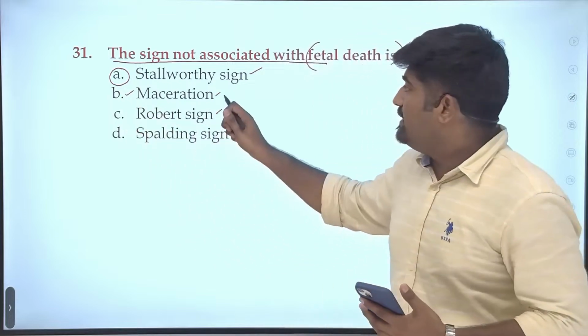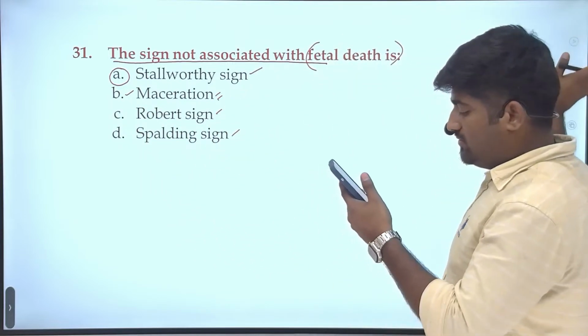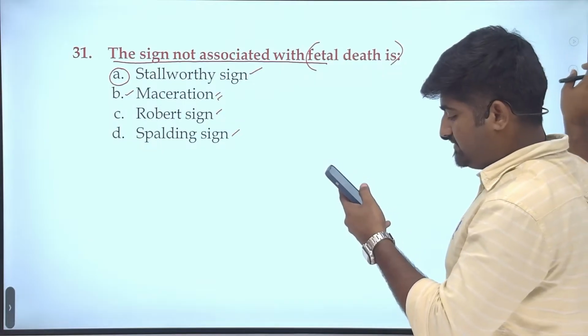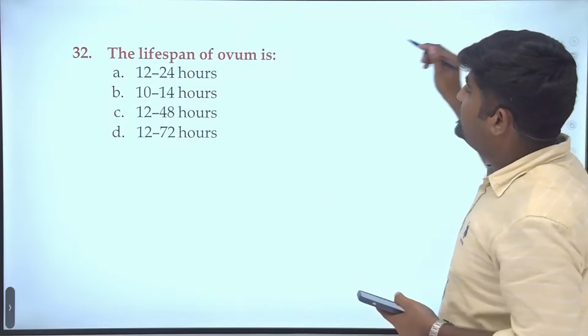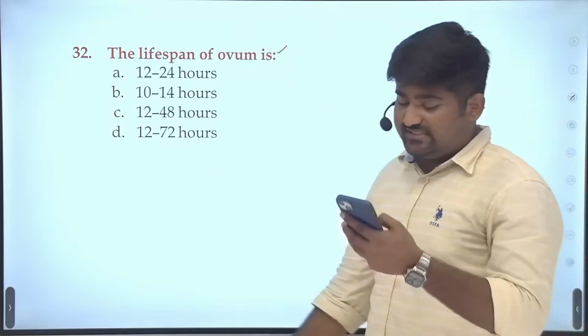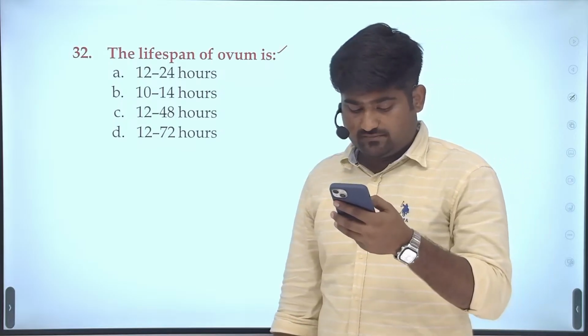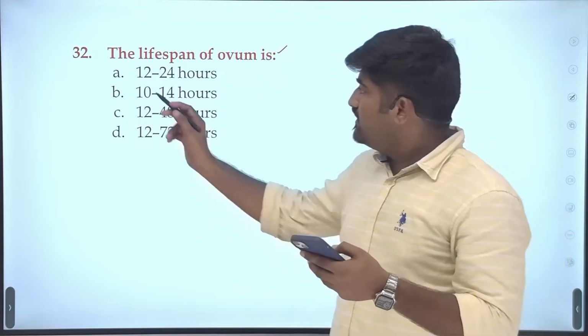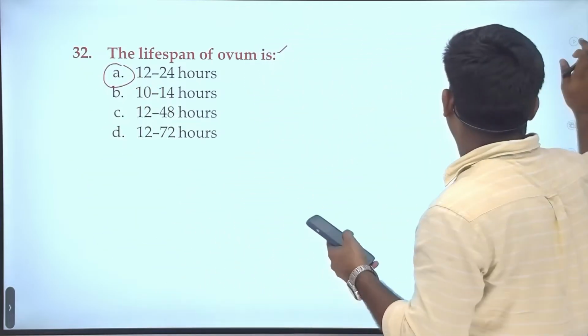Okay, it occurs after the death. Okay, don't think that. Yes, correct. Lifespan of ovum, already I have told, it is an easy question. It is 12 to 24 hours.